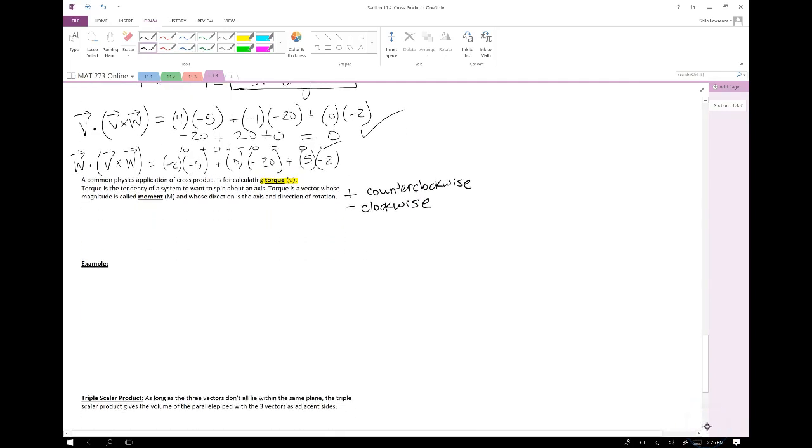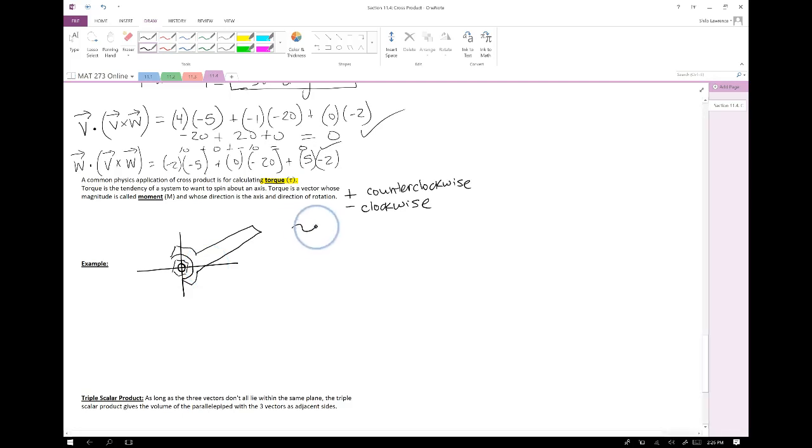So we're going to do an example where we have a nut that we want to turn. And I'm probably not going to turn this the right way. But we've got this wrench that we're trying to use to help us turn that nut.